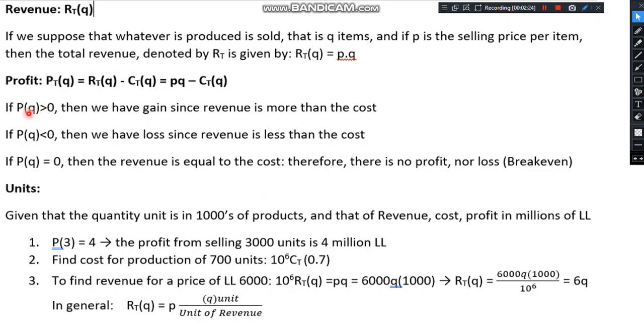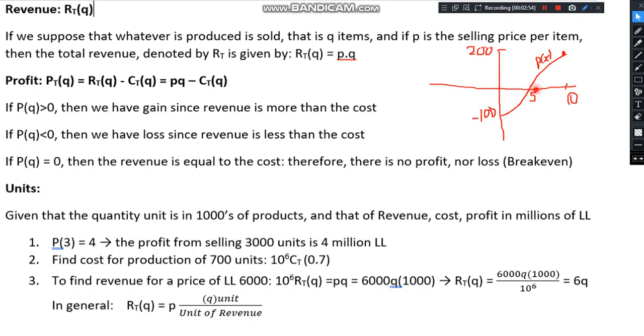If profit is bigger than zero, we have a gain. If profit is less than zero, we have a loss. If profit is equal to zero, we have break even. In this example, suppose this is the profit for producing from 0 to 10 items. At 5 you have break even, neither gain nor loss. If you produce between 0 and 4 items, you have a loss, because here it's negative, and your loss varies from minus 100 to 0.